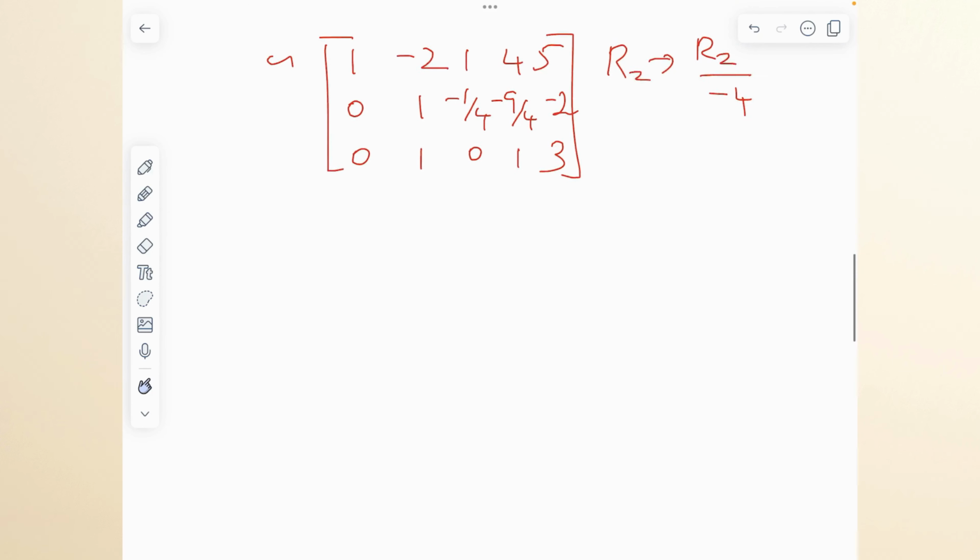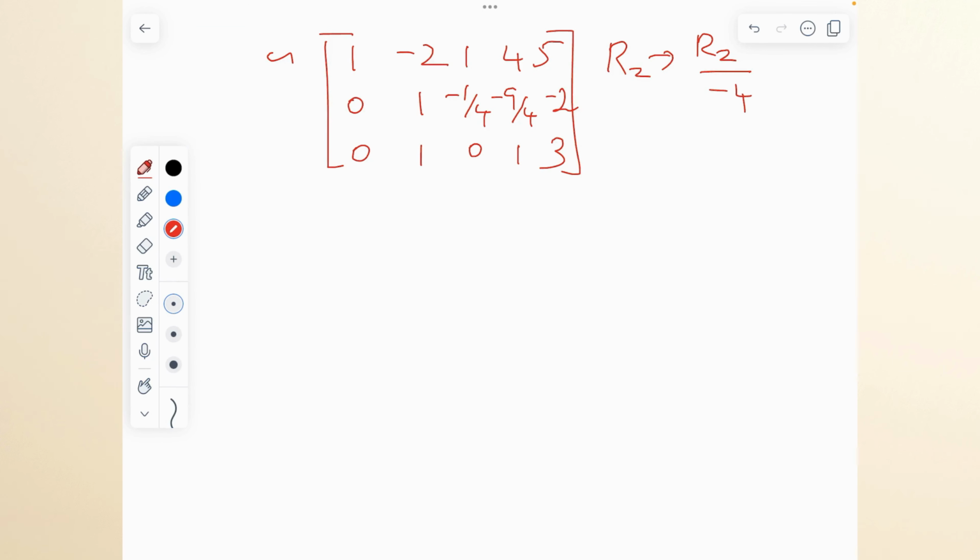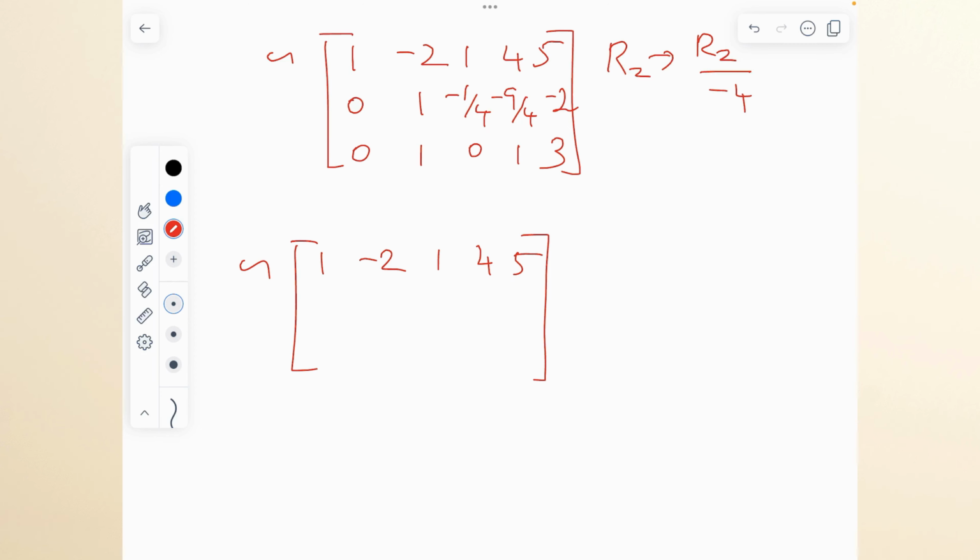Now move on to the next step. So 1, minus 2, 1, 4, 5, let it be as it is. Now, as we saw, to convert to echelon form, the second element of the second row we got as 1, and below this 1, this element should be 0.